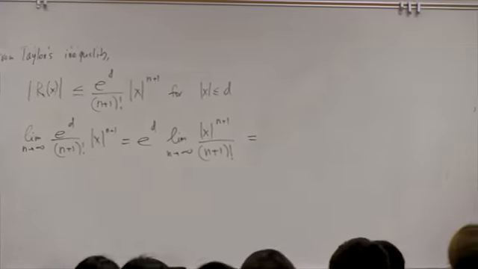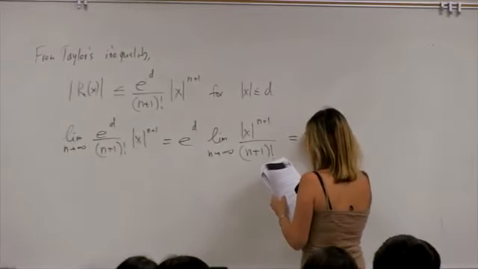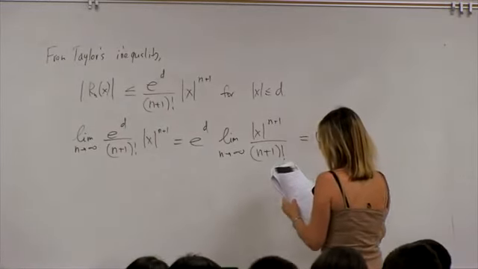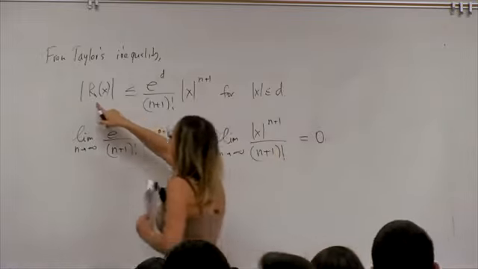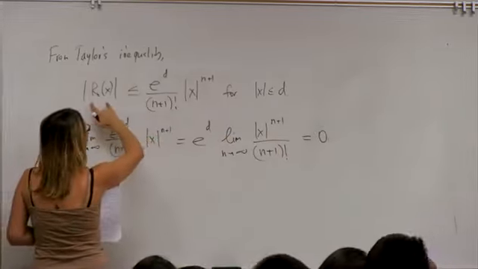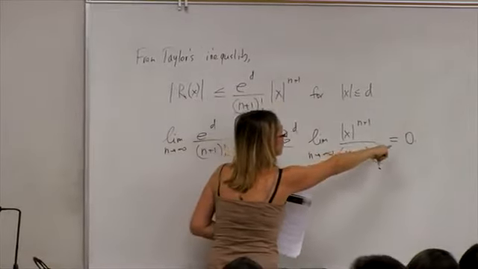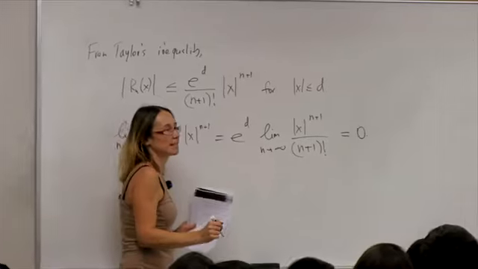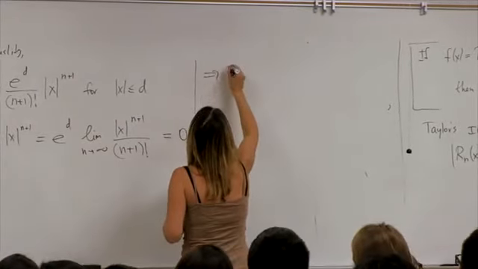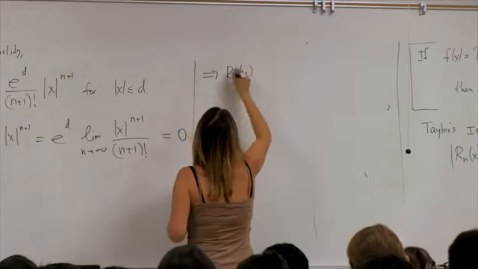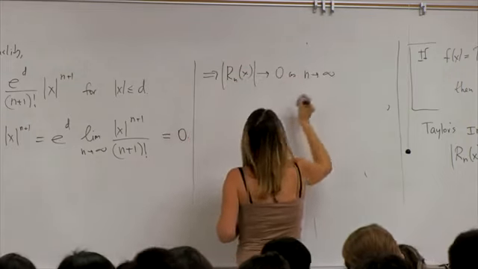We've had this example before, and it's equal to 0. Therefore, because the absolute value of the remainder is smaller than this quantity, and this quantity tends to 0, by the squeeze theorem, we can say that the remainder itself goes to 0. Therefore, R_n of x goes to 0 as n goes to infinity.